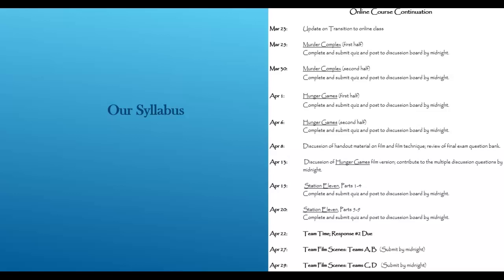These are either novels that you're already familiar with, or they're very quick reads, so it shouldn't give you a lot of grief. Plus, you're going to have a lot of downtime to be able to dedicate to it. So we're going to cover the same amount of ground that we had planned to do. We're just going to do it in a little bit more compressed format. And then we will have some team time and reader response number 2 due on April 22nd.